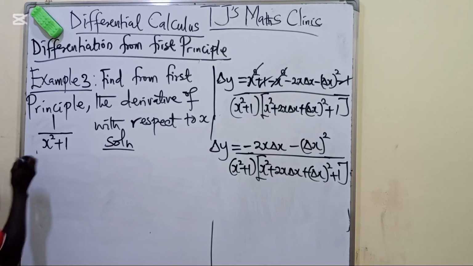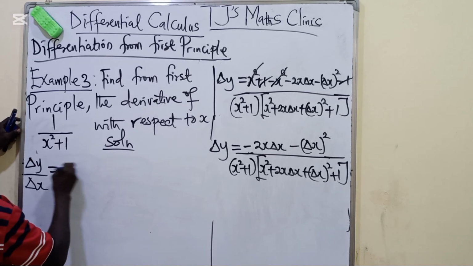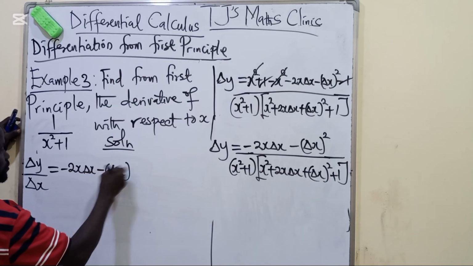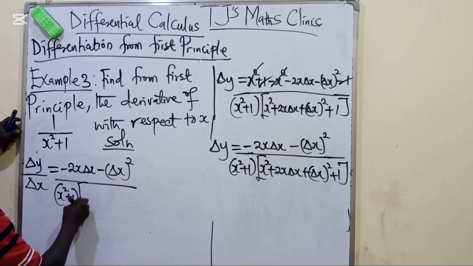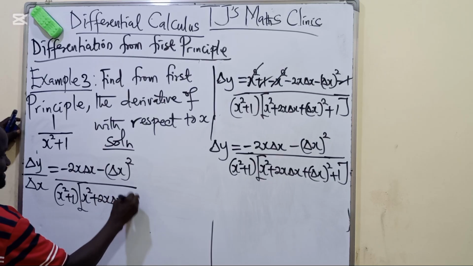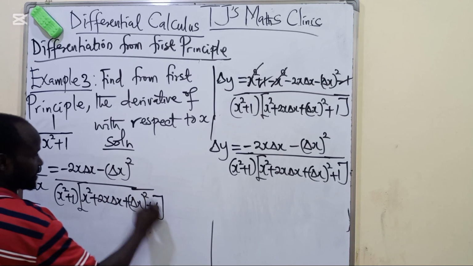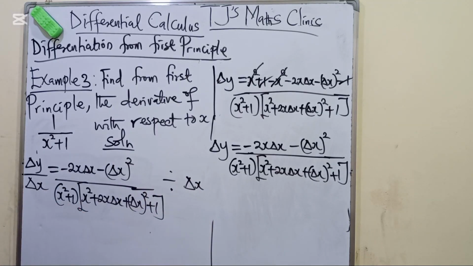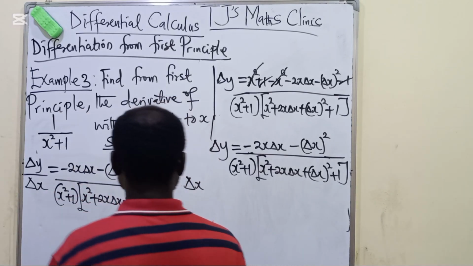Therefore, at this point, changing y now with respect to changing x will be minus 2x delta x minus delta x all squared, divided by the LCM x squared plus 1, in square brackets, x squared plus 2x delta x plus delta x all squared plus 1. We close the bracket, divided by delta x. We are dividing through by delta x. Very important. Okay, so what's the next thing to do?